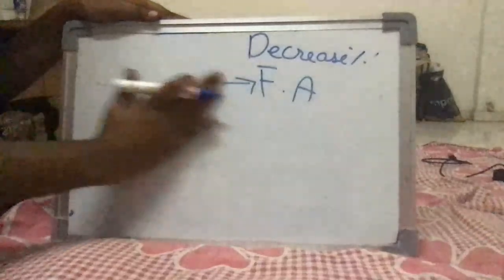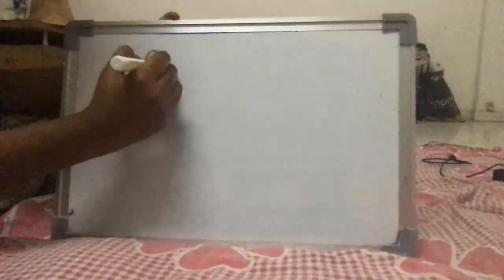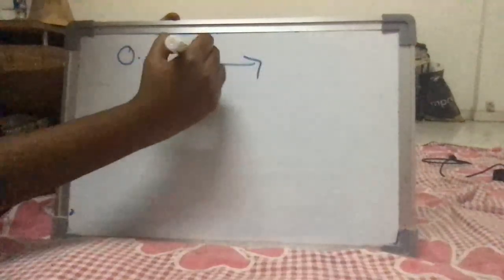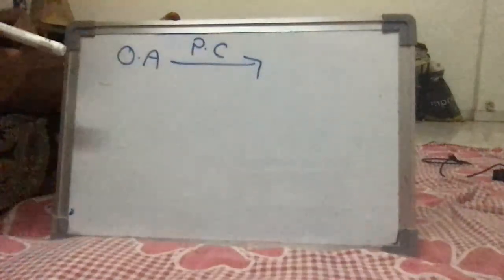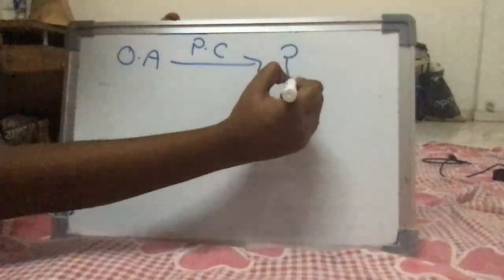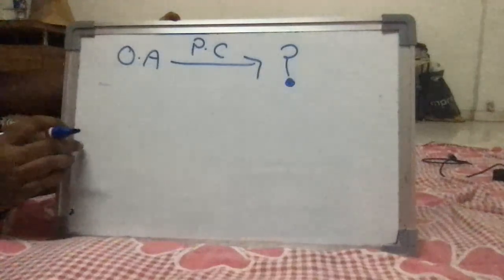Now we are going to use a flowchart throughout this particular topic, be it the previous topic of percentage change or this one. In this, what we are trying to learn is when the original amount is given and a percentage change is also given, I am trying to find the final amount.